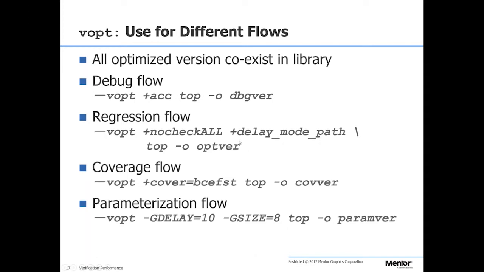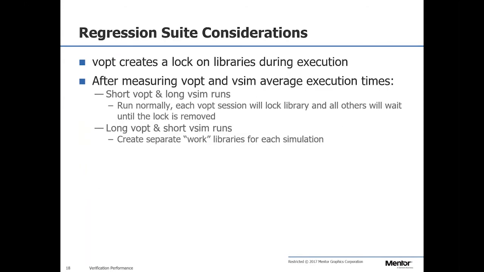Then I could go back and say, okay, that looks good. Let's run on the opt ver. Let's vsim opt ver, run a bunch of tests. One of them fails. Then I could say vsim debug ver and rerun that test with my debug. So all of those live in the work library and can be referenced.